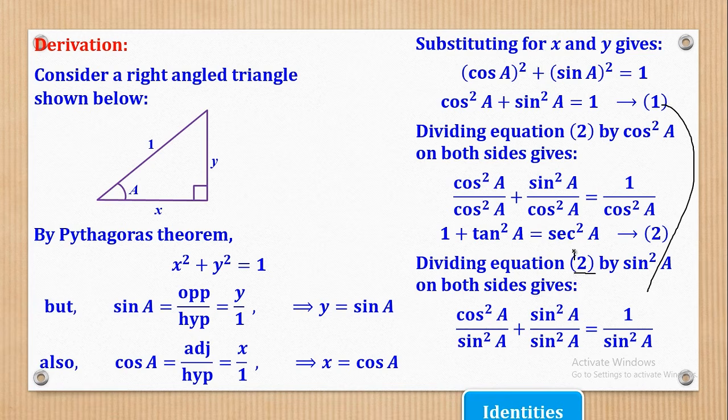So you edit that. Now when I divide through, you realize that cos over sine is the reciprocal of tan, meaning that gives you cot, and sine over sine cancels to give you 1. Then reciprocal of sine is cosec, and that is the third identity.